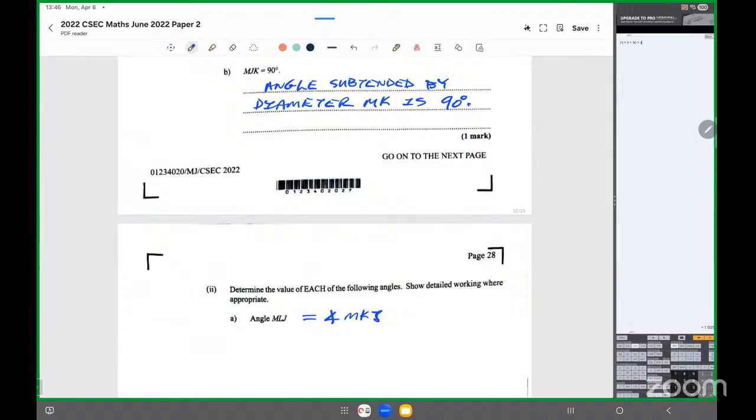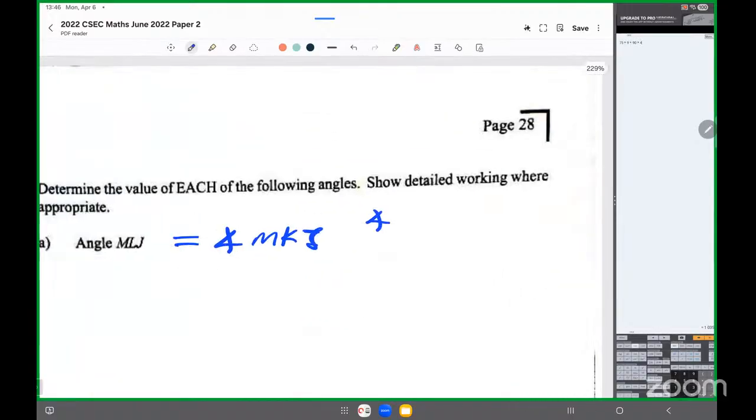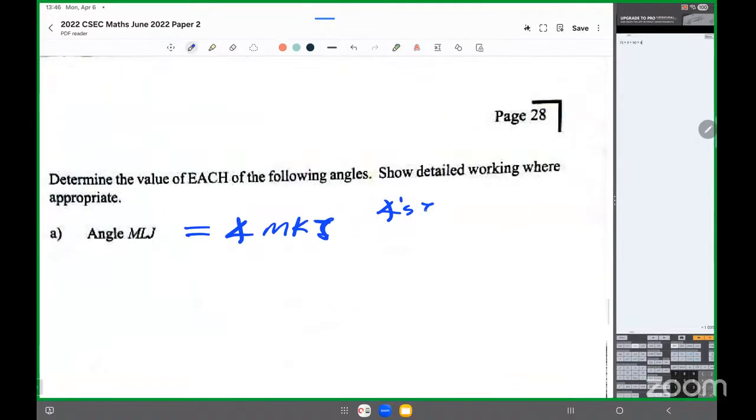And that's because angles in the same segment are equal. That's why this equals this.